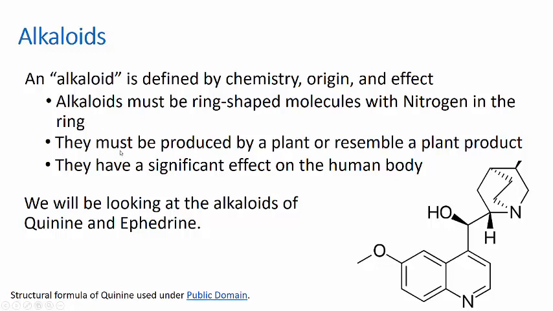All right. And of course, to be called an alkaloid, it has to be either produced by a plant or the original product has to come from a plant, and then we modified it further. So we'll talk about alkaloid plant derivatives even if we've made them from scratch. Okay, because they have a history of coming from a plant. And then finally, of course, they have to have a significant effect on the human body, or else we wouldn't be talking about them.